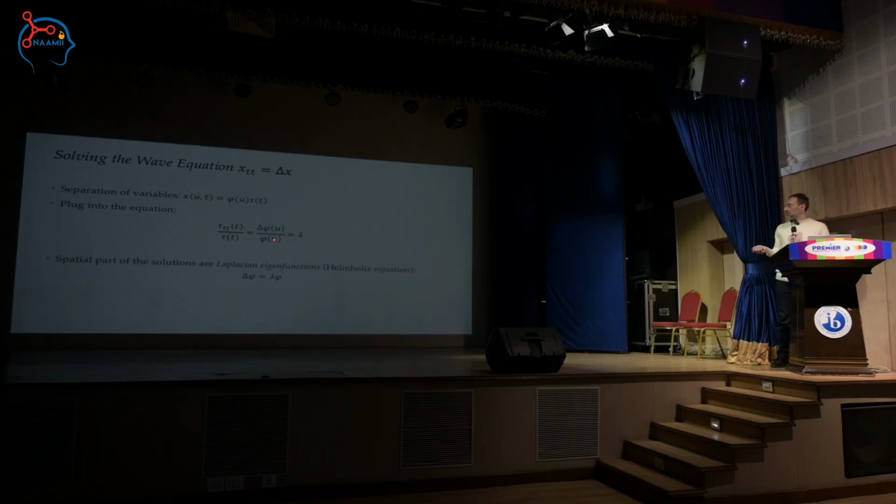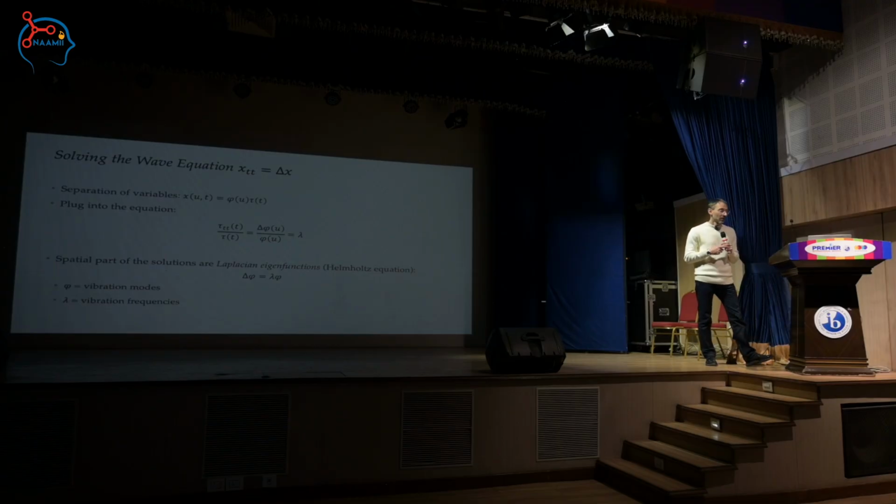Okay? So the spatial part of the solution satisfies what physicists call the Helmholtz equation that looks like this. Laplacian of phi equals lambda phi, right? So basically, phi, the eigenvectors of the Laplacian, are the vibration modes, and lambda are the vibration frequencies. So what you see in the experiment that Chladni did is zero crossings of these functions, right?